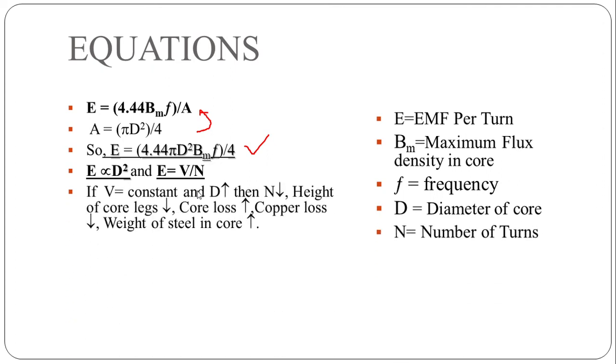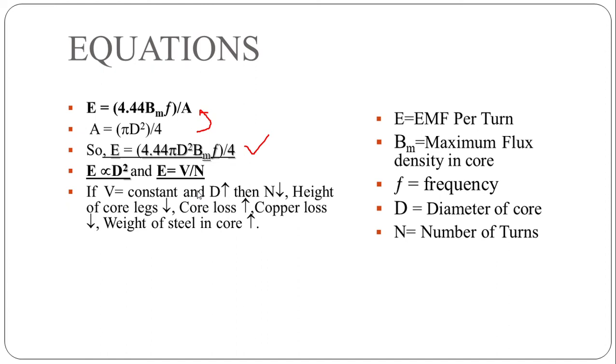See, if voltage is constant and we increase the diameter, then the number of turns decreases. If the number of turns decreases, then the height of the core leg also decreases, because less height of core leg is required to accommodate fewer turns.